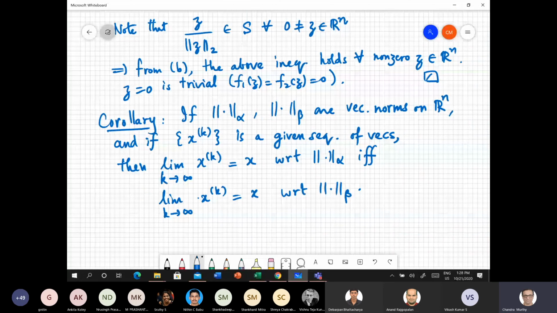So it doesn't matter which norm you consider. If it converges with respect to a given norm, then it converges with respect to any other norm, and in fact it converges to the same point.